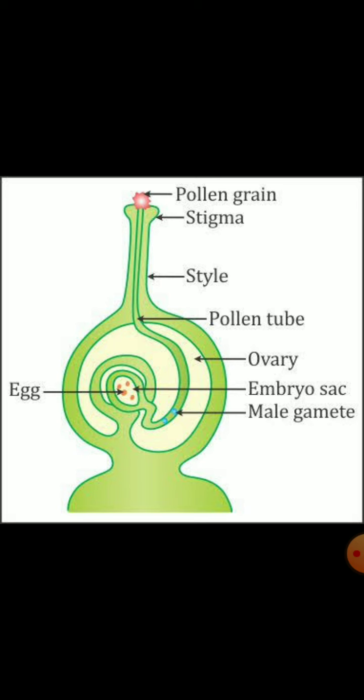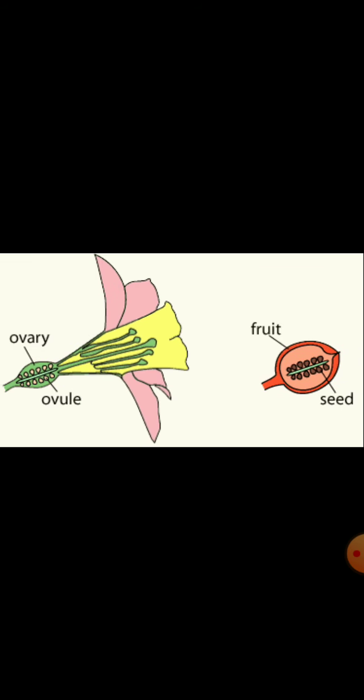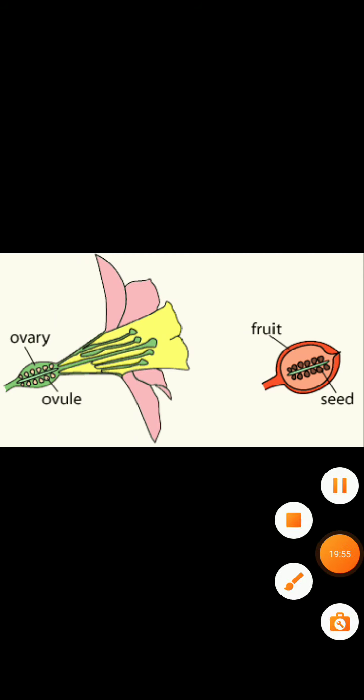In this picture, the egg and male gamete are clearly shown. There will be fusion of these, and after fertilization, the zygote divides several times to form an embryo within the ovule. Then the ovule develops a tough covering, and gradually it is converted into a seed. The ovary then grows rapidly and gives fruits.